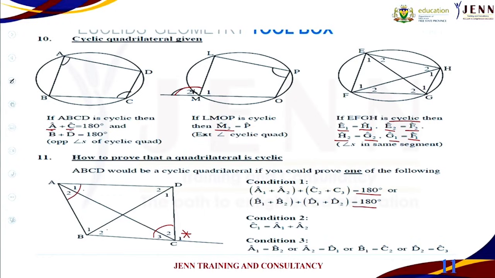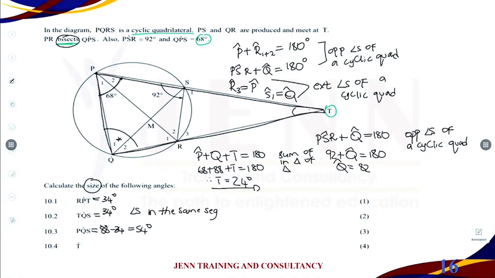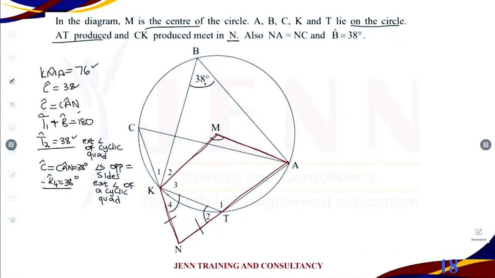To prove that a quadrilateral is cyclic, you must either prove that angle A plus angle C1, C2 and C3 is 180, or angle B plus angle D is 180, or you can prove the size of angle A is equal to the size of angle C1, or this angle being equal to that angle. That is how you are supposed to prove that we have a cyclic quad.